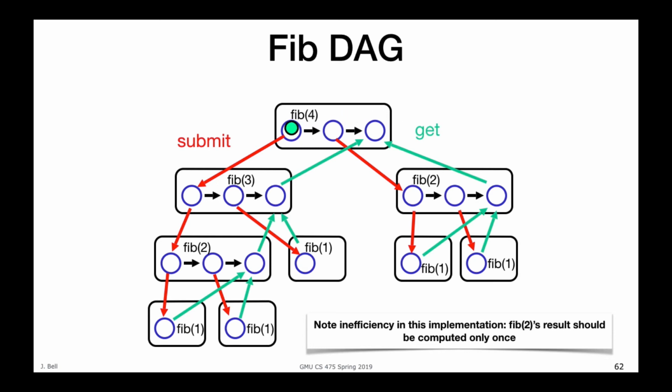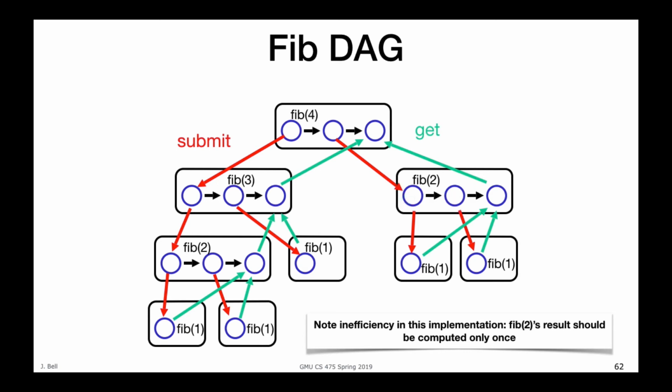So to get the Fibonacci number of 4, first we have to get the Fibonacci number of 3, and before we get that, first we have to get the Fibonacci number of 2. So each of the blue circles is a thread, it is a task. And these are those sequential dependencies. To get the Fibonacci number of 2, first we have to get 1 and 1.